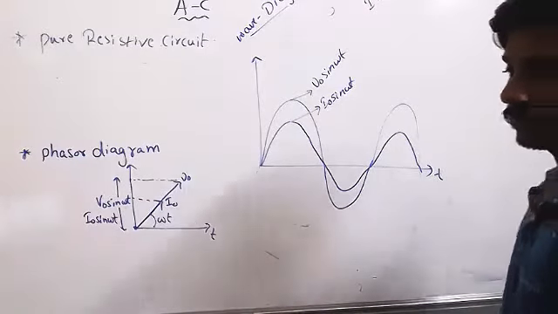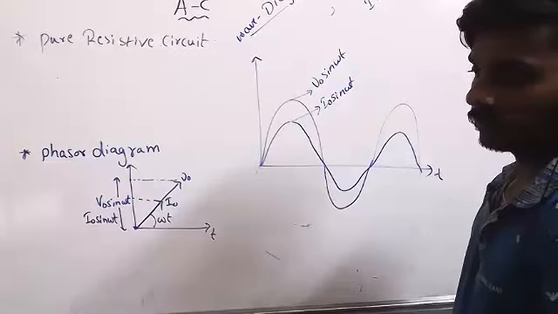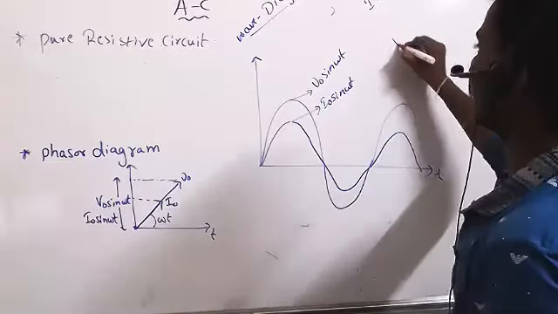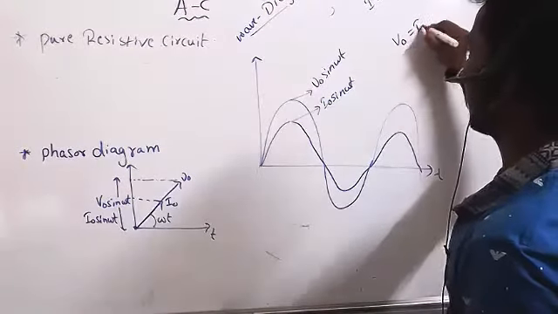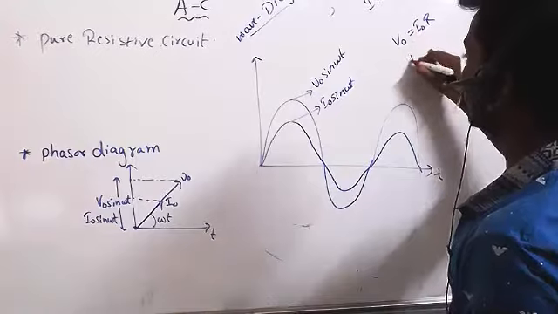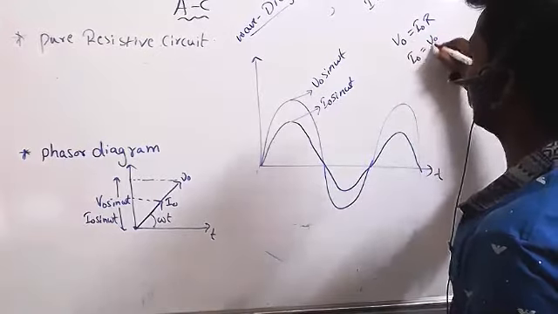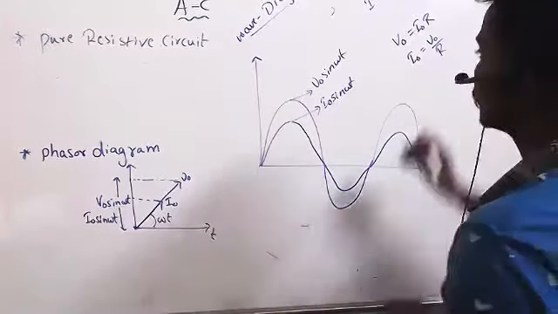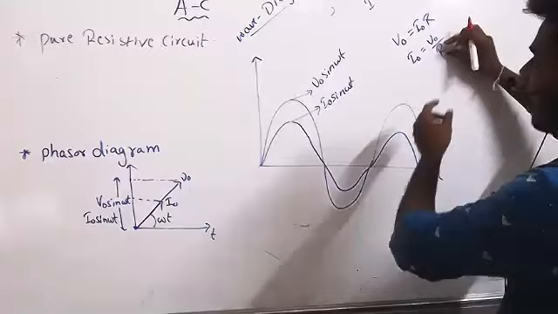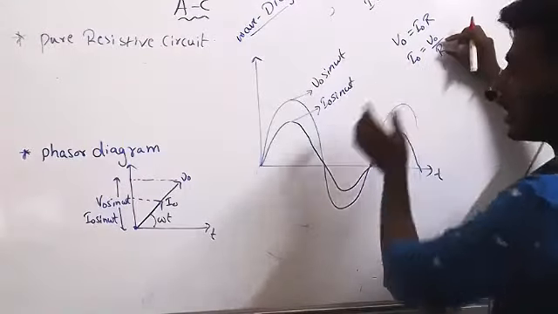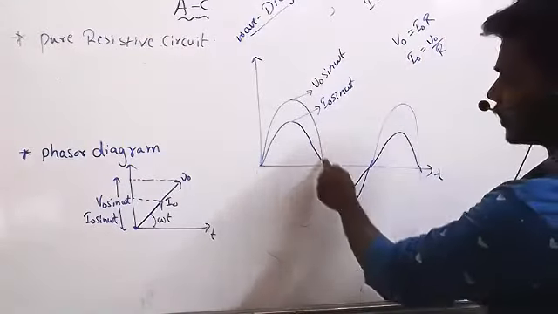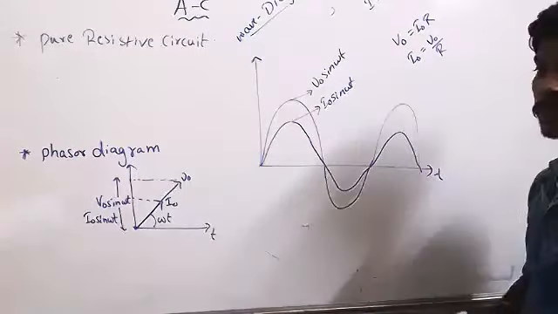Sir, because V naught is I naught into R. Very good, ma. V naught equals I naught into R, but I naught equals V naught by R. So here R is there, and that is the reason the current is smaller. So I have given it in this direction. So, clear?